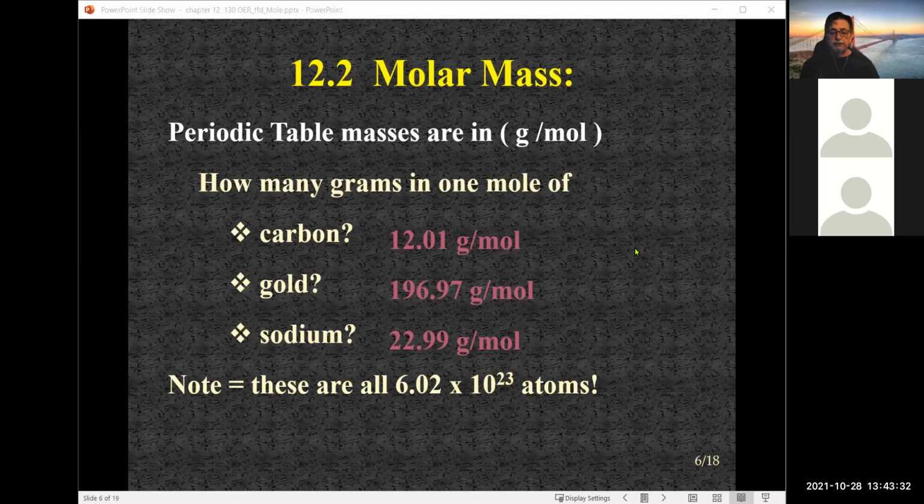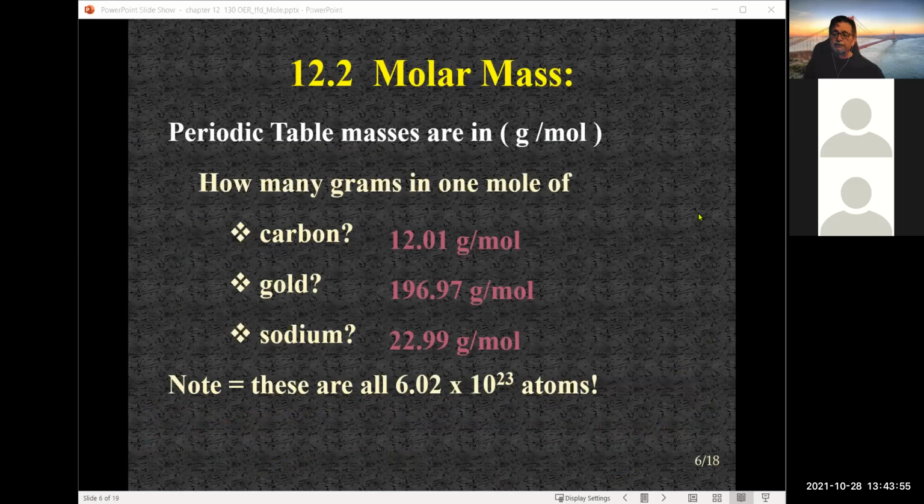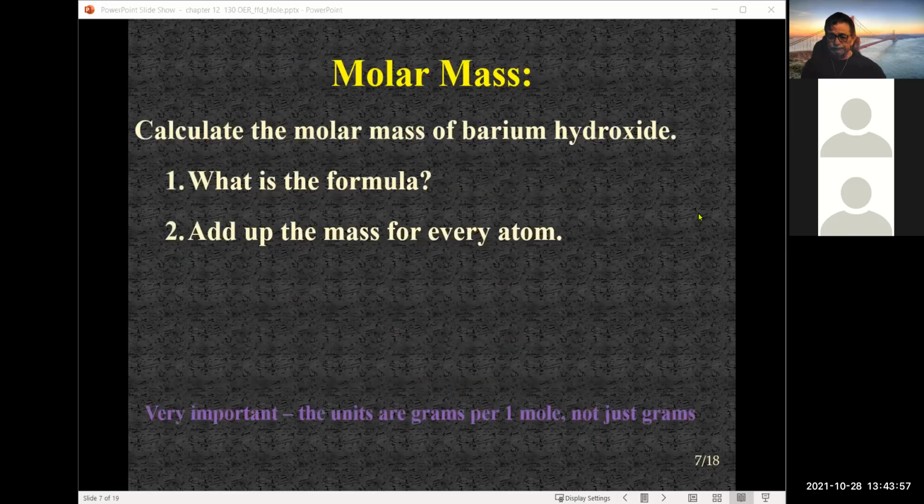Just like the small, medium egg scenario we did earlier, we had 100 grams, 200 grams, 300 grams per dozen. The common factor they all had was a dozen, same as here, except a mole happens to be a slightly bigger number.